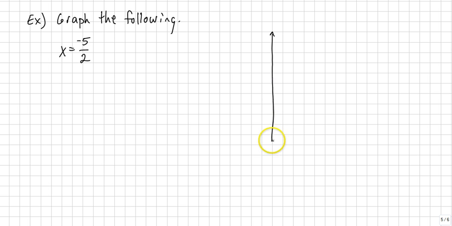So on the coordinate plane, if all the x-coordinates have to be negative 5 halves, which is negative 2.5, then that could be a solution, or any other coordinate that has the same x value. So that ends up just being a vertical line.